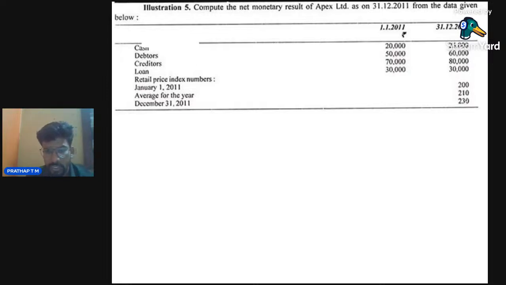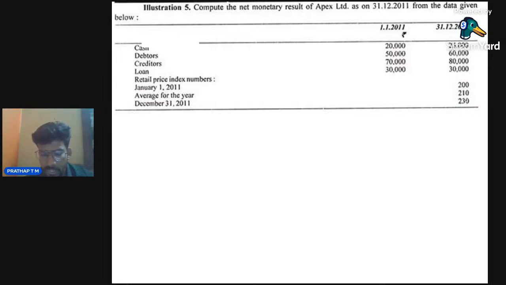Just multiply with that: 1,15,000. Your closing value is 1,10,000. So 1,15,000 minus 1,10,000 becomes 5,000.